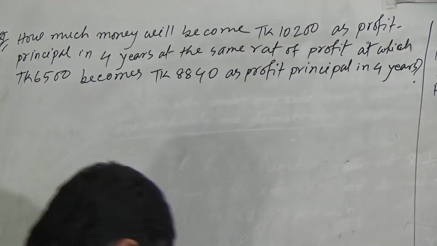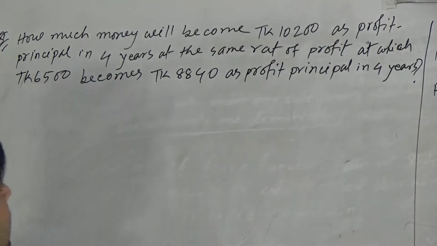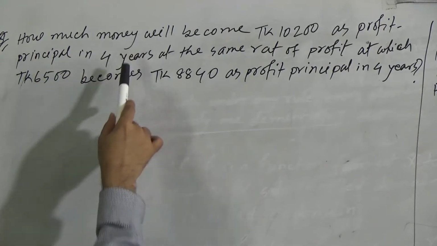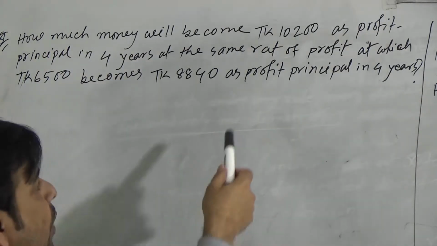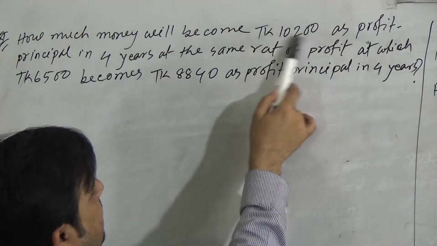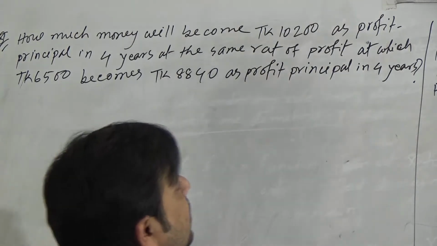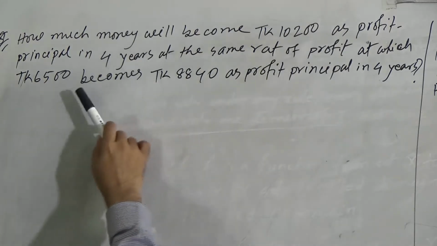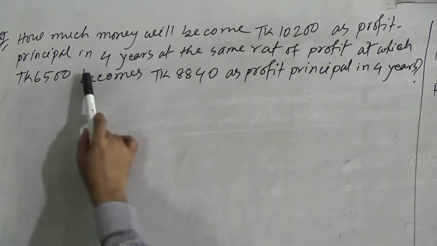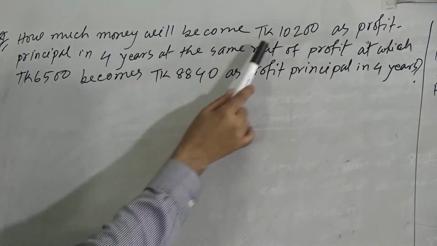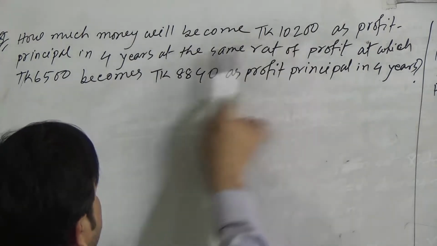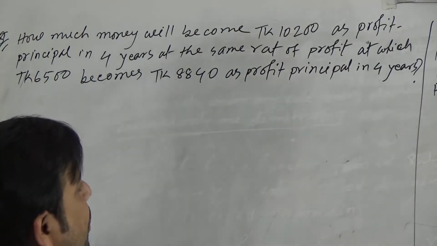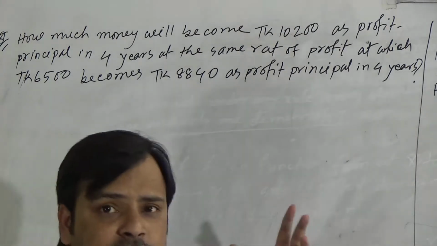Dear students, from this question it is clear that we need to determine the principal, when the profit principal is given, that is taka 10,200. This amount will be after 4 years, and for the rate of profit we have to take the previous rate.